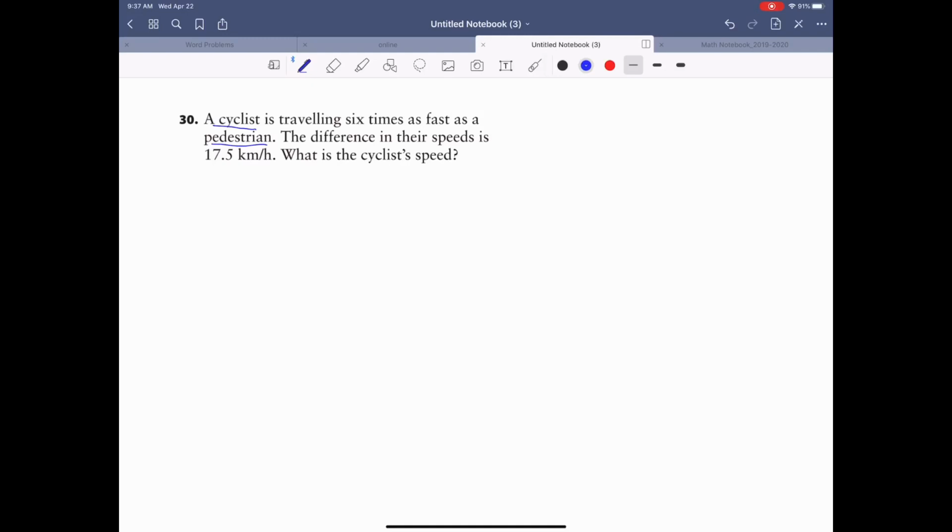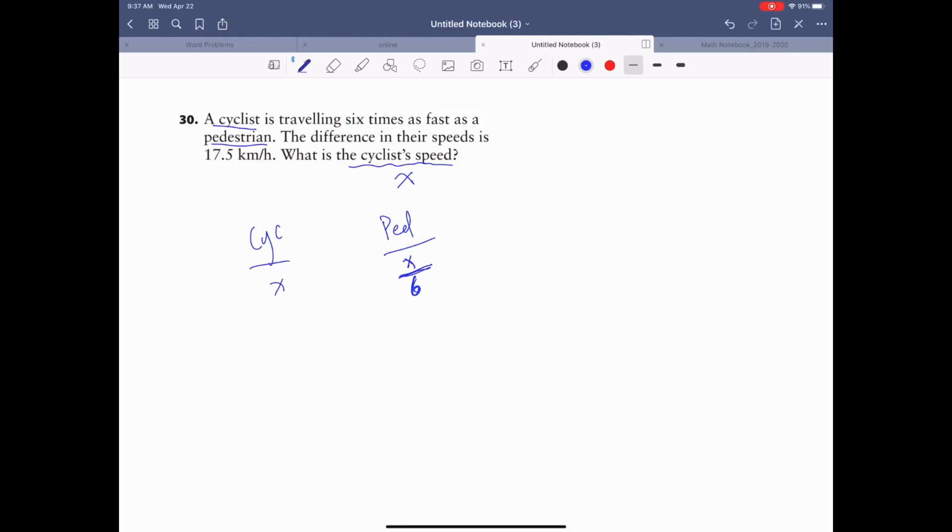Okay, so if you want to set up the cyclist speed as x, then this x is 6 times as fast as a pedestrian. So if the cyclist speed is x, the pedestrian would be x divided by 6 because pedestrian is less. So divided by 6 because you want a smaller quantity there because it's a slower speed.